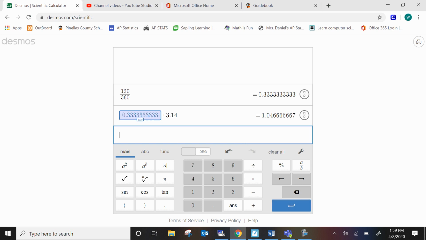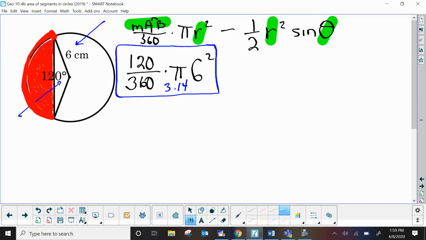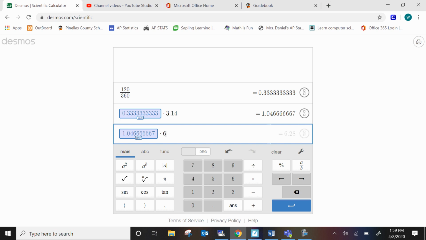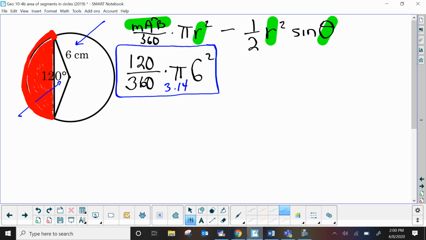I'm going to hit the answer button again because it's going to pull that 1.04666667 down for me. And I'm going to hit times my radius for this problem, which was 6. So 6 squared. So there's my answer, 37.68. So this first part is 37.68.